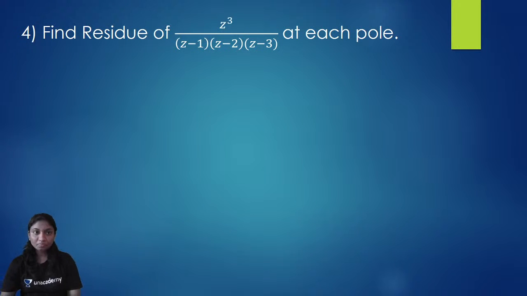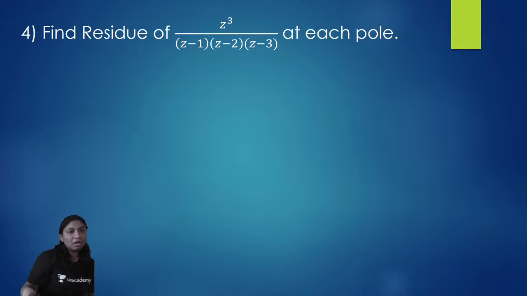Now let's see our first example. Find the residue of z cube upon (z minus 1)(z minus 2)(z minus 3) at each point. Here we are only asked to find the residues. Now, we have to calculate the residue for these points z = 1, z = 2, z = 3.